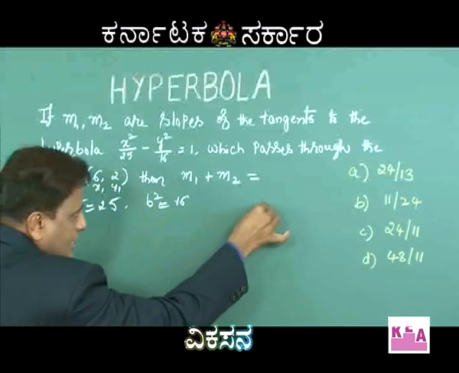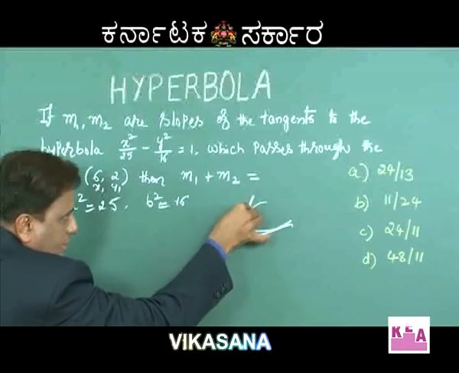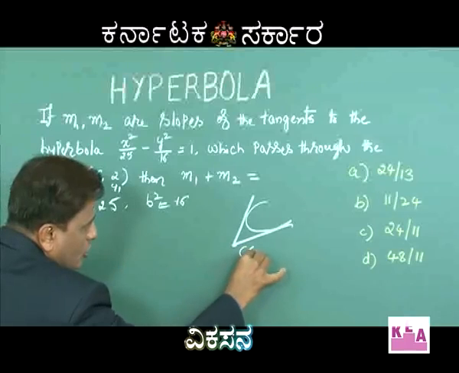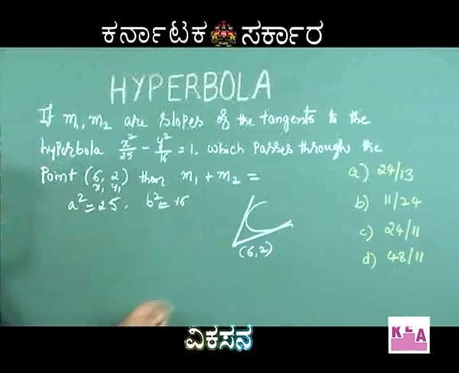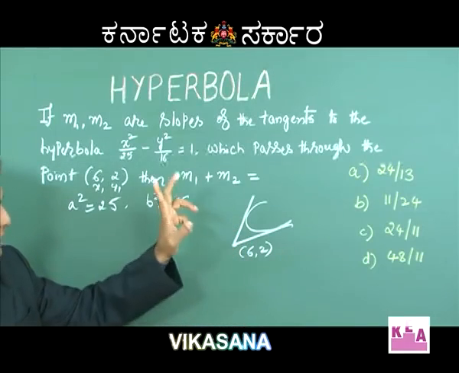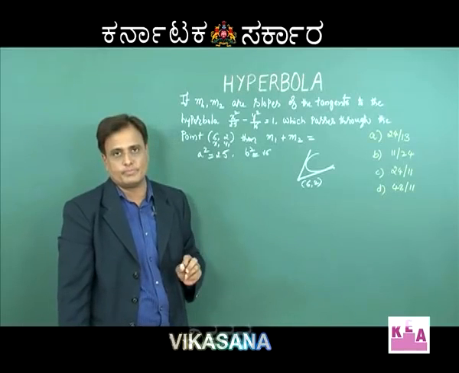Now, what the question is asking is, for example, these are the two tangents passing through the point (6, 2). So, assuming that the slope of the first tangent is m1 and the slope of the second tangent is m2, we have to find out m1 plus m2.